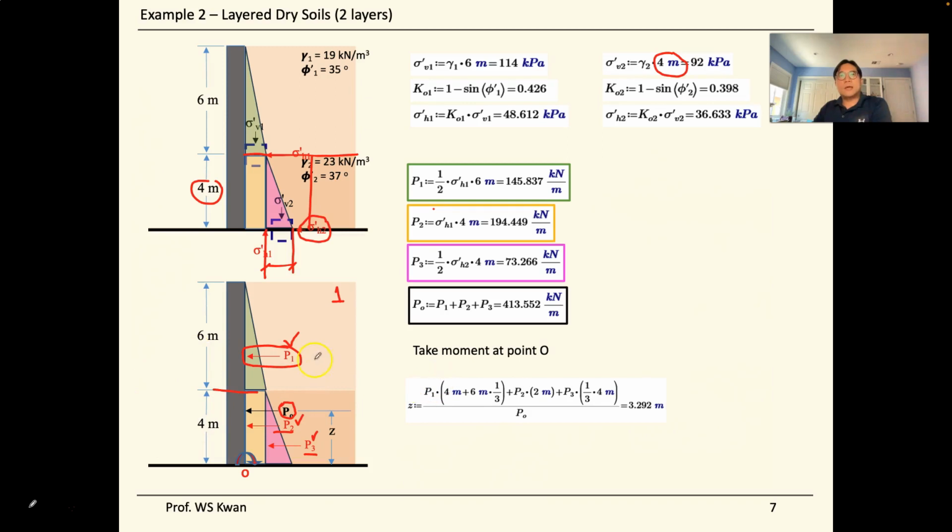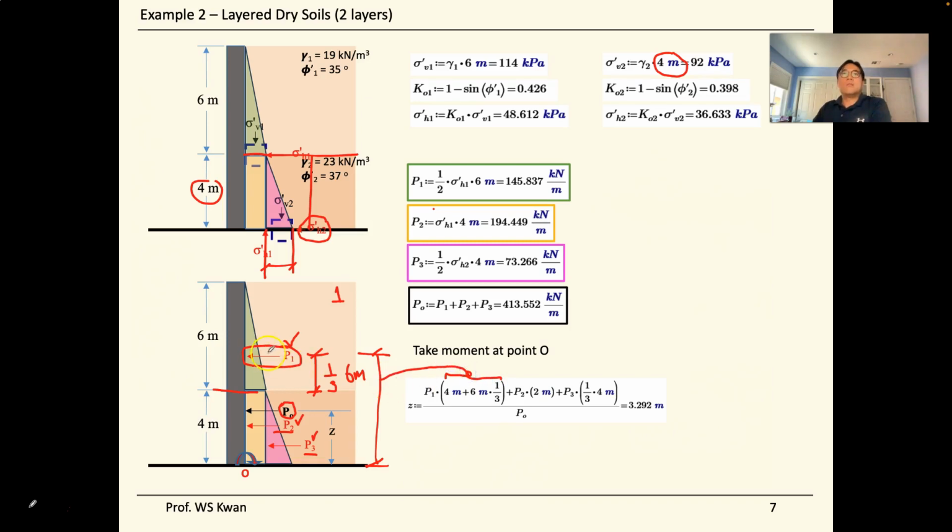So P1, for example, is this force times the 4 meters to 1/3. So we know this dimension is 1/3 of the 6 meters. So we have this dimension here as the moment arm for P1. So this is the P1 moment arm right there.